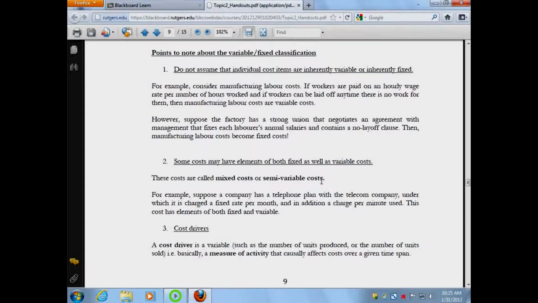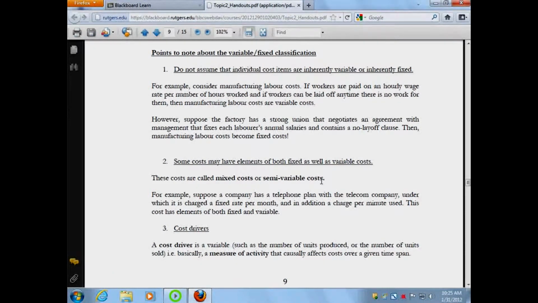What's your total cost? $11. Suppose you use 12 minutes. $12, and so on. So it's a straight line that slopes up, and what is the slope of this line? 1. Every minute that you move to the right here, it increases in height by 1. So it slopes upwards by 1.